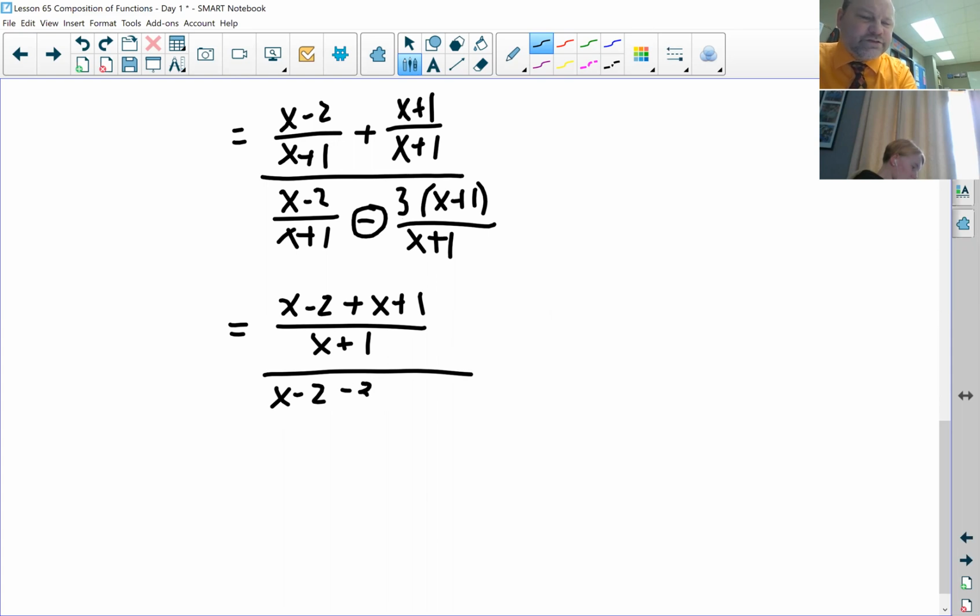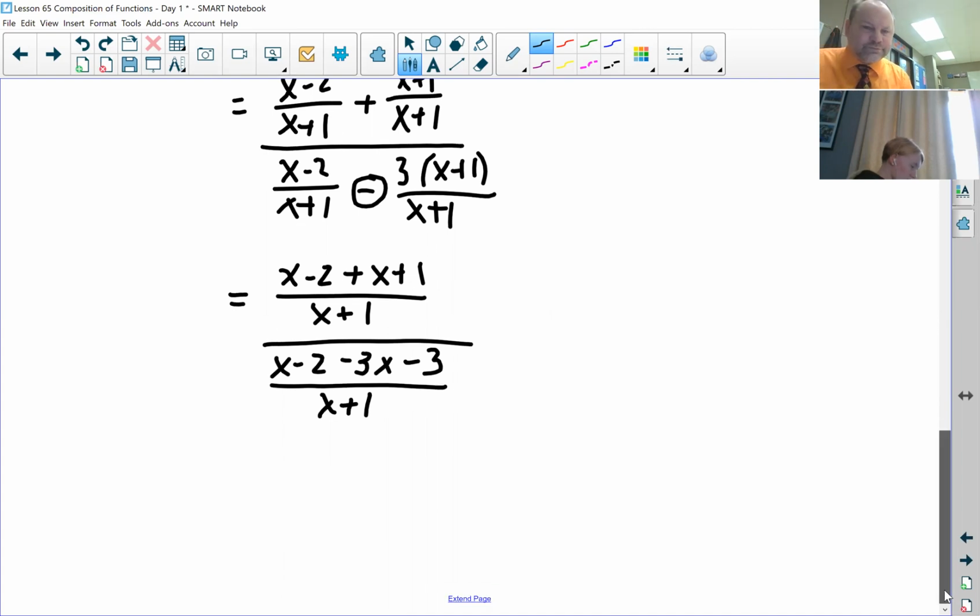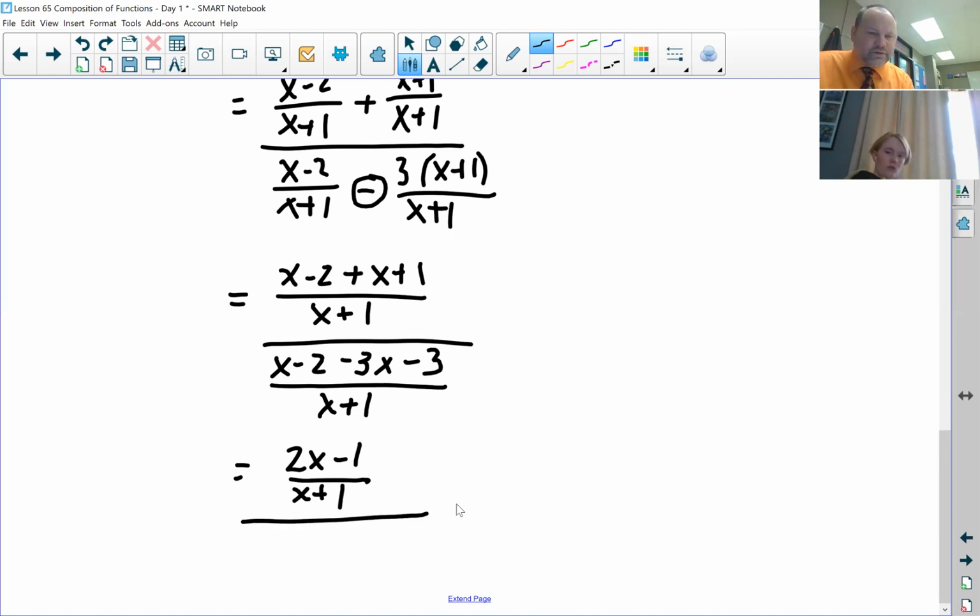It gets distributed all the way through. And what do we get? Negative 2x minus 5 over x plus 1. Whew. Are we having fun yet?